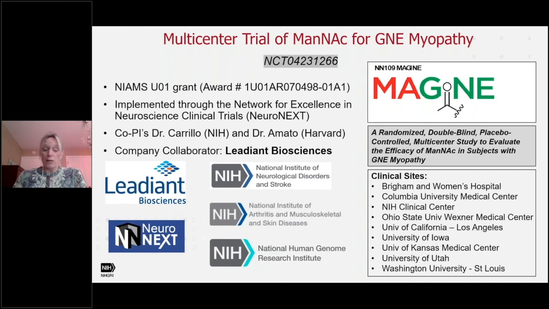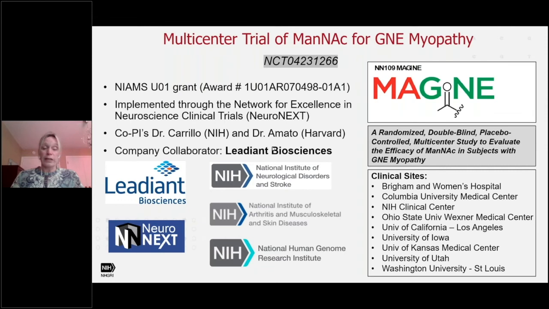And it's in collaboration with the NeuroNext network, which is a network for excellence in neuroscience clinical trials. Some of the centers mentioned here are NeuroNext sites. The PIs will be Dr. Carrillo and Dr. Amato. And our pharmaceutical company collaborator is Lydian Biosciences.